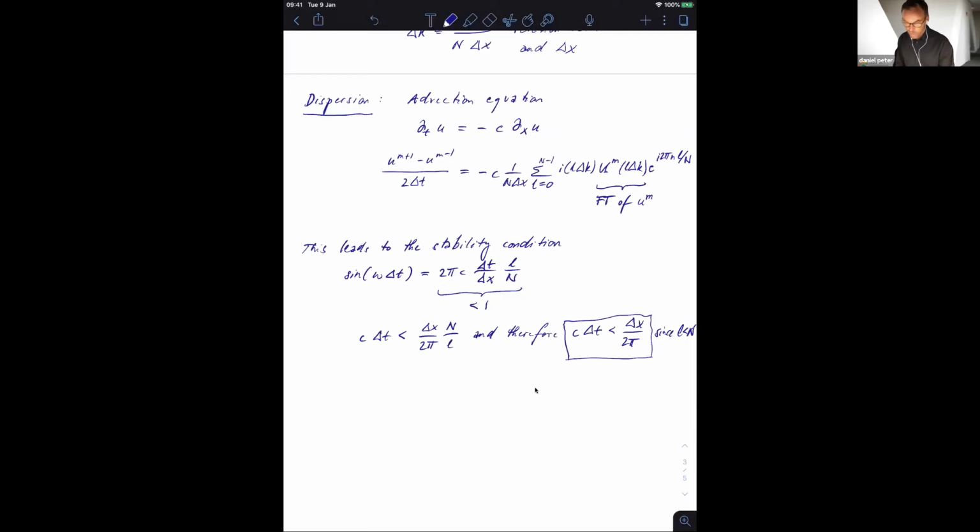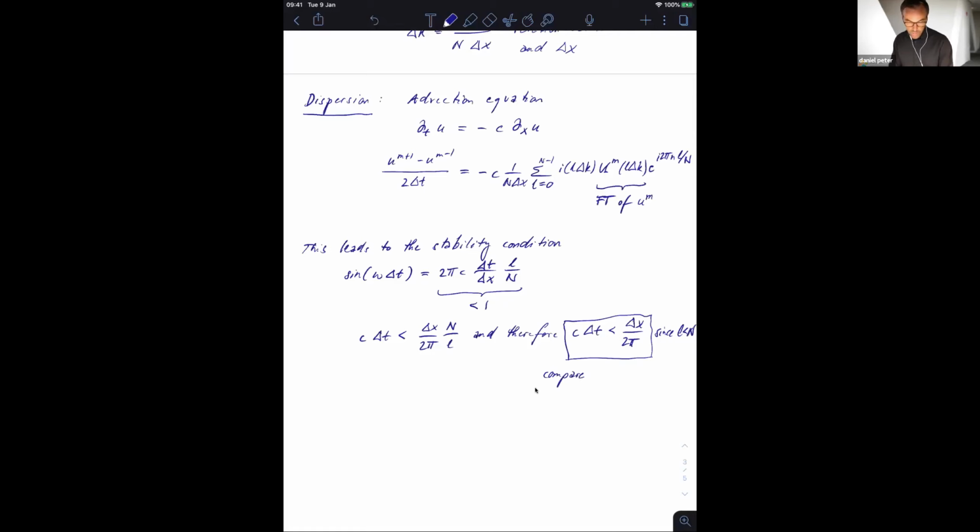That's our stability condition. So the advection equation, when we use the pseudo-spectral method, leads to the stability condition for the time step delta t.